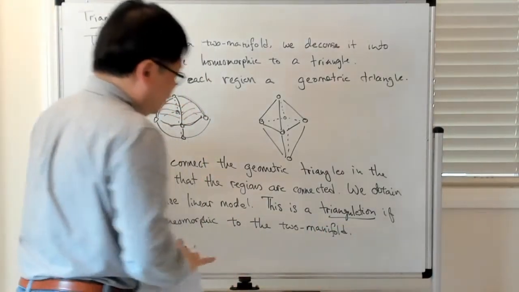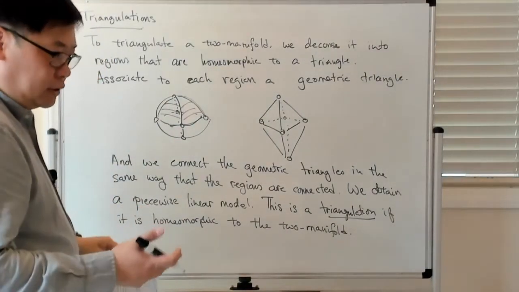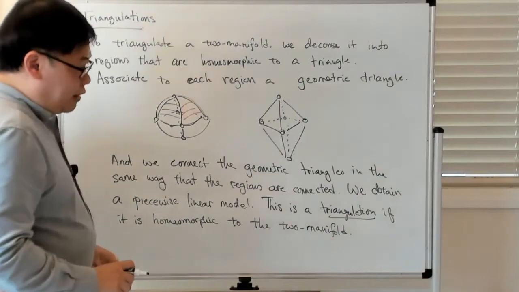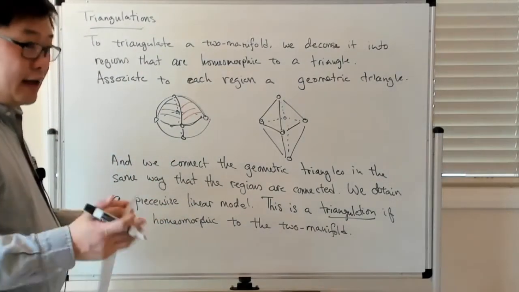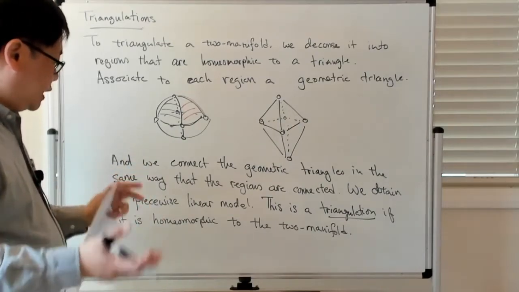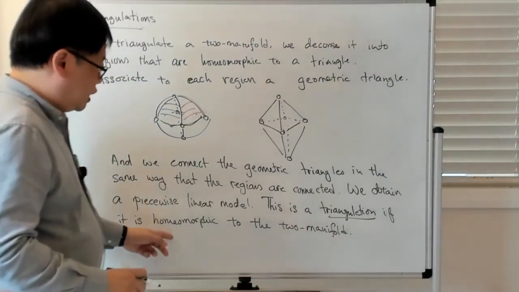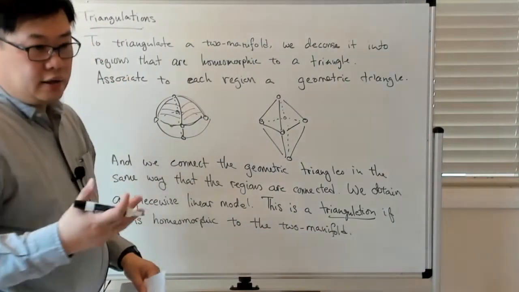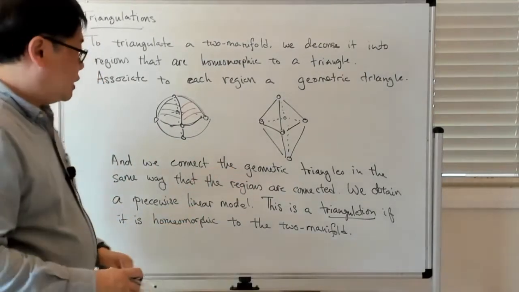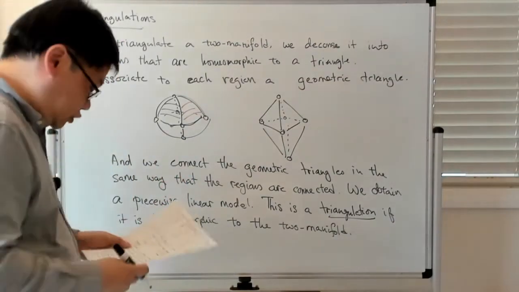In a sense, the fact that topological invariants are independent of the choice of triangulation is tautologous, because by definition a topological invariant is the same across the equivalence class of manifolds related by homeomorphisms. So if you have a triangulation homeomorphic to the original two-manifold, and you compute a topological invariant for it, it has to be the same value as for any other triangulation, by definition of what a topological invariant is.